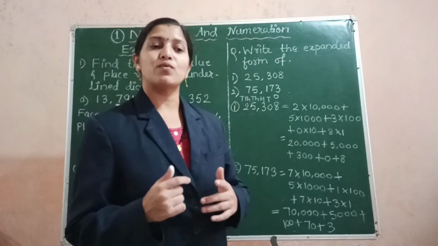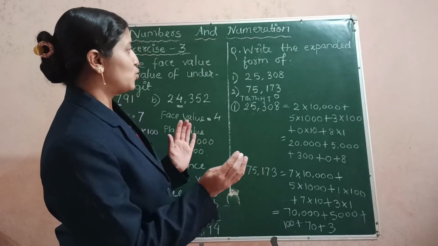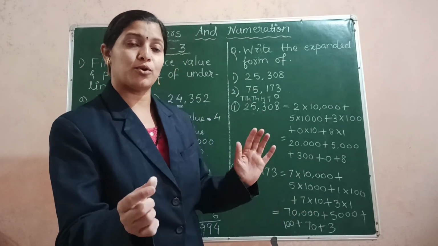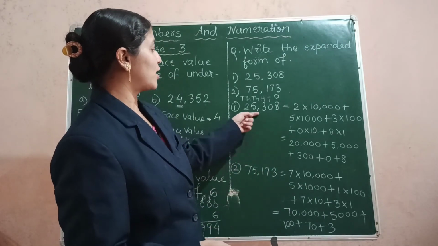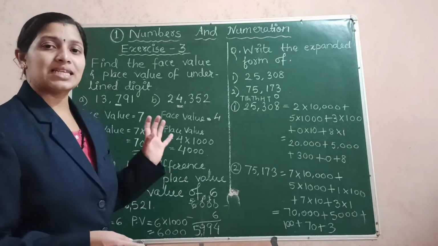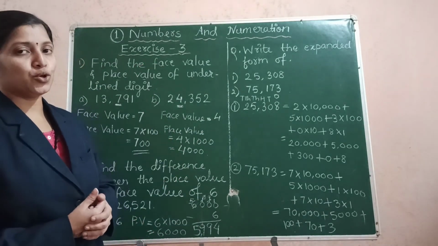And I told you there is one more question in which you have to make the number into a, not into an expanded form. The expanded form is given to you and you have to make it into a regular number. So try solving all these examples, the entire exercise 3 in your notebook.